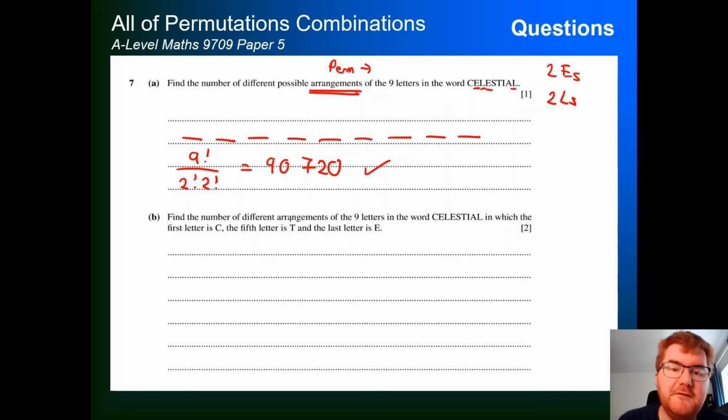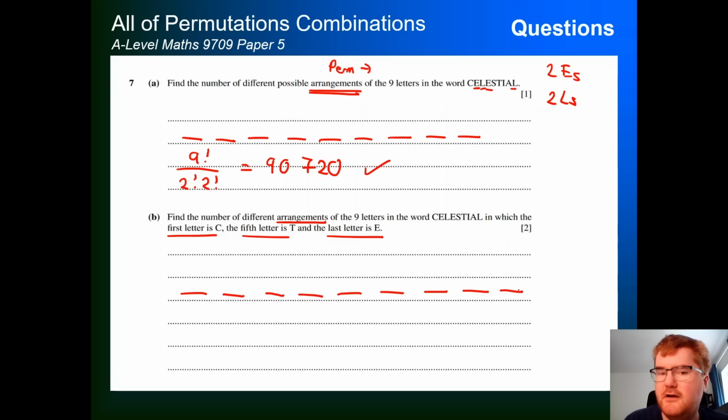Now we've got the number of different arrangements of the 9 letters, in which the first letter is C, 5th is T, and last letter is E. So again, slot filling approach is the easiest way to do this. First letter is C, fifth letter is T, and the last one is E. So we have 1, 2, 3, 4, 5, 6 slots.